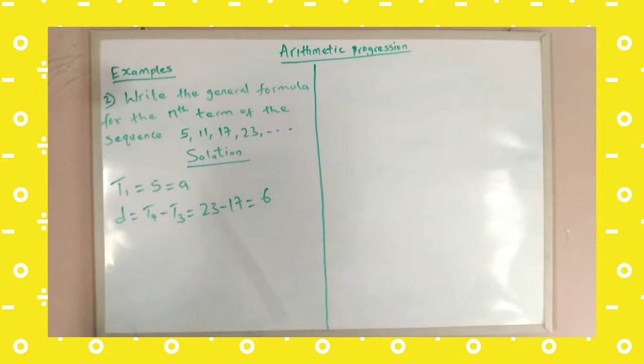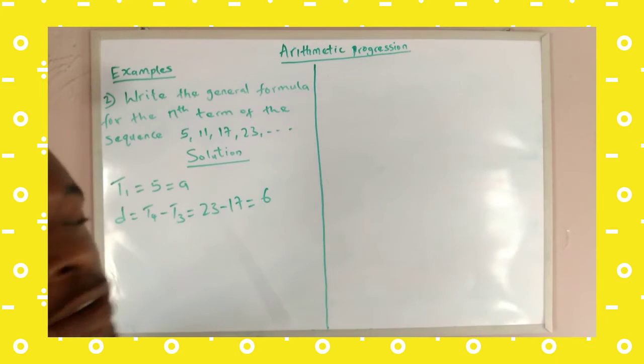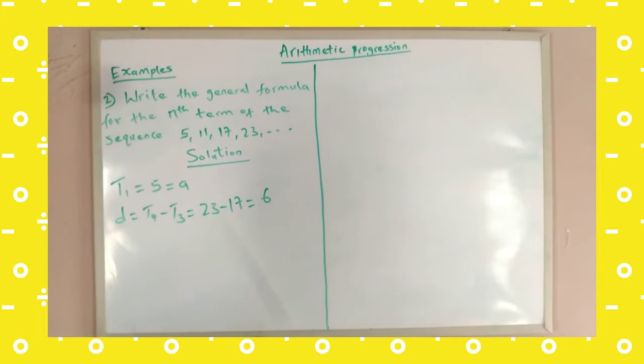We have our first term, which is 5, and we have our common difference, and we are to generate the general formula for this sequence.